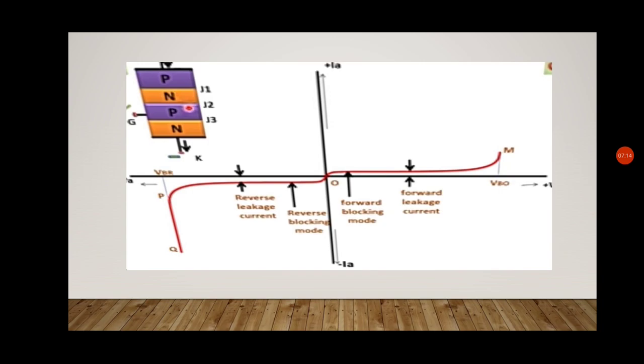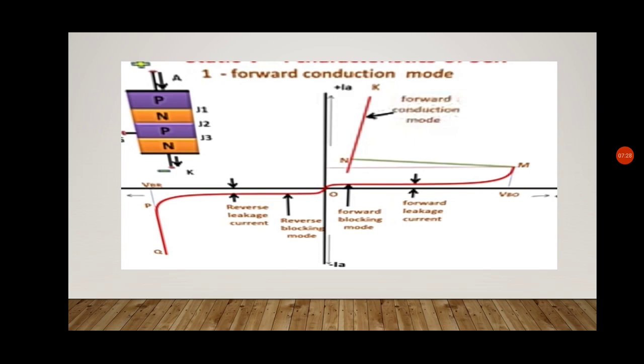Here the point where the breakdown occurs in forward blocking mode is the VBO, the breakover voltage. There is a voltage drop which is shown by the curve M to N, and at point N there will be a sharp increase in current, which is the forward conduction mode, because the J2 junction has gone through breakdown and there will be a huge flow of current. This is the forward conduction mode.